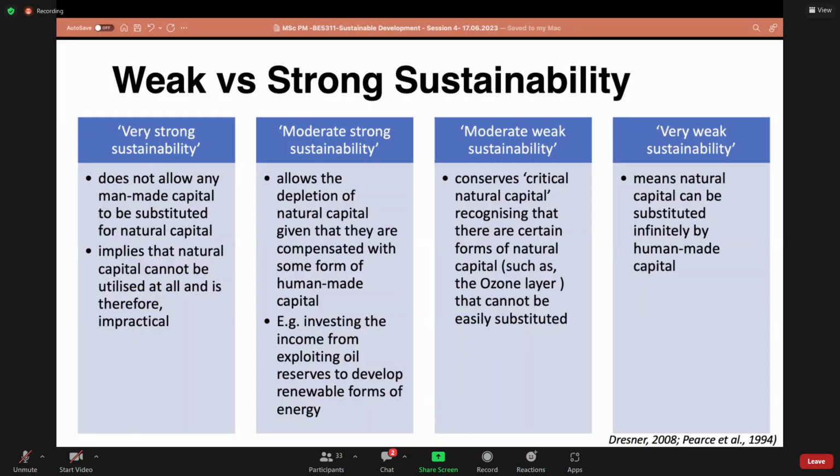So for example, you can invest the income that you get from exploiting oil reserves to develop renewable energy sources. So that can be considered as moderate, strong sustainability.